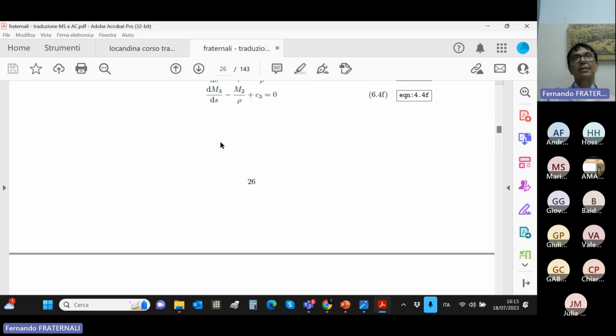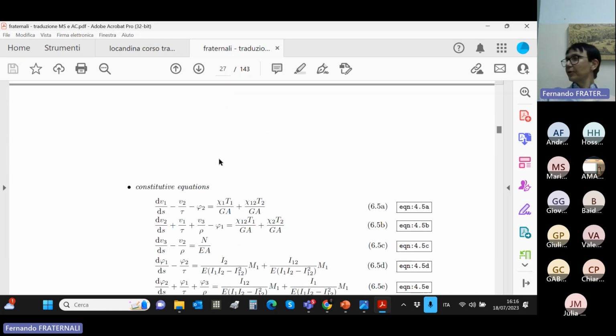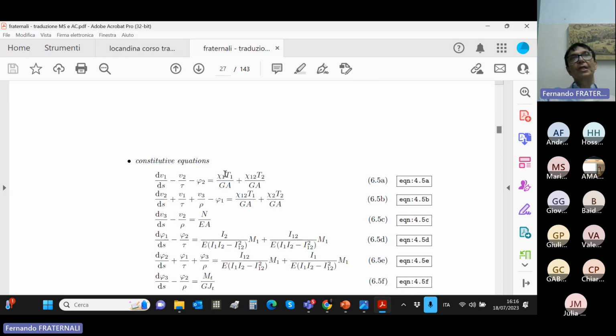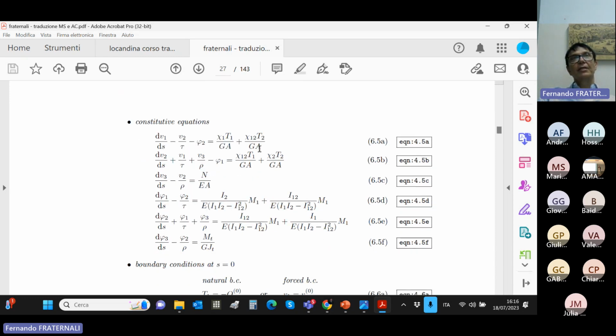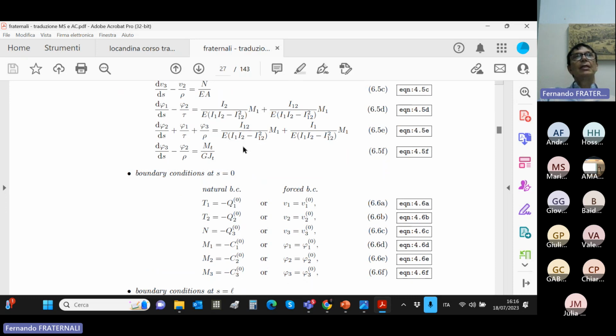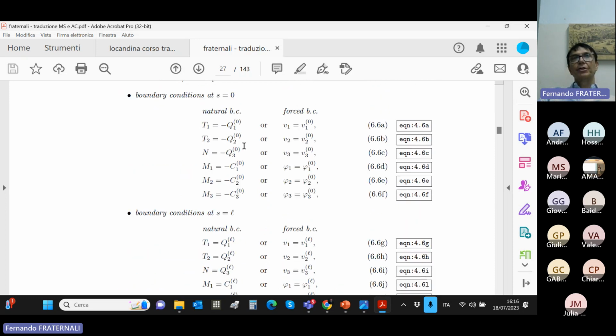Actually, we have mixed the compatibility equations and the constitutive equations, because we have the generalized strains that are defined in terms of displacement. So these are constitutive equations and compatibility equations, extrapolating the straight beam theory to curved beams, and we have the usual natural and forced boundary conditions.